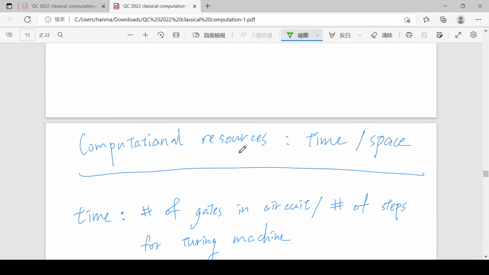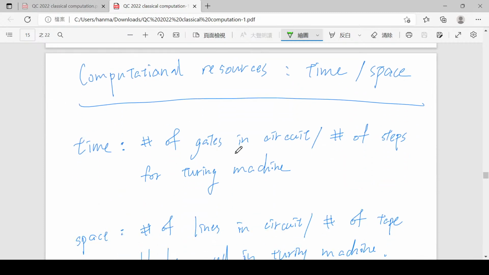Somehow we only care about two of them in computational theory. It's quite hard to model how much power, how much energy you use in a computation. But it's pretty easy to model the time and the space you used in your computation.